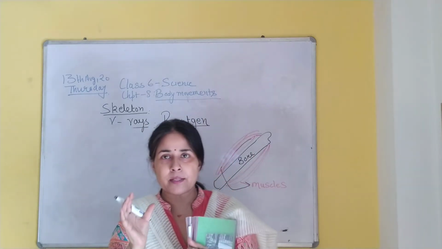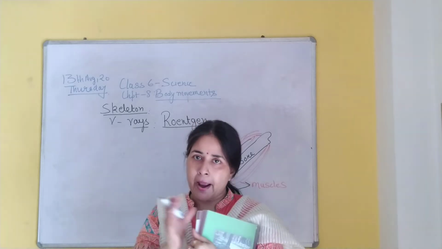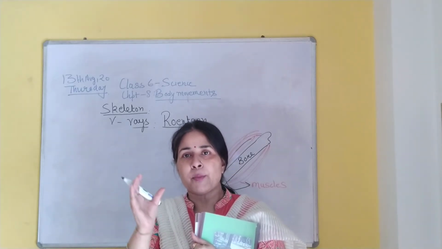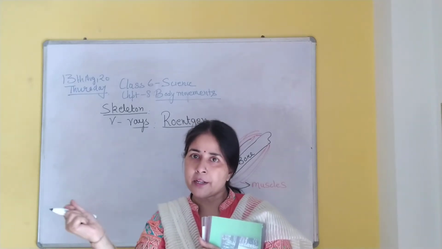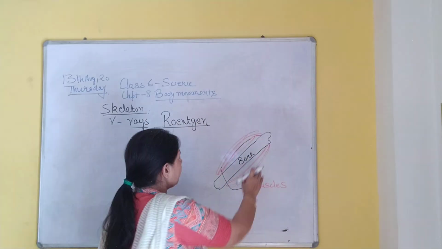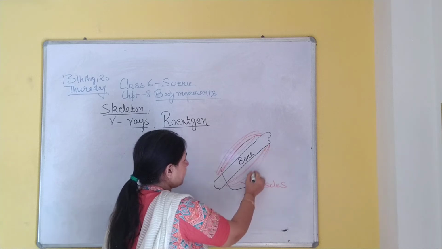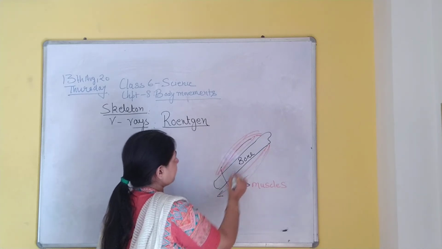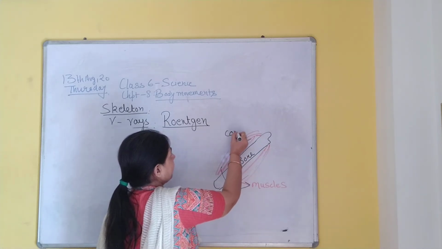तो एक मसल जो आपकी कॉन्ट्रैक्ट हो गई है, it has become shortened and stiffened. It has pulled the bone towards itself. Meanwhile, the other muscle out of the pair will relax. So this muscle is contracted.